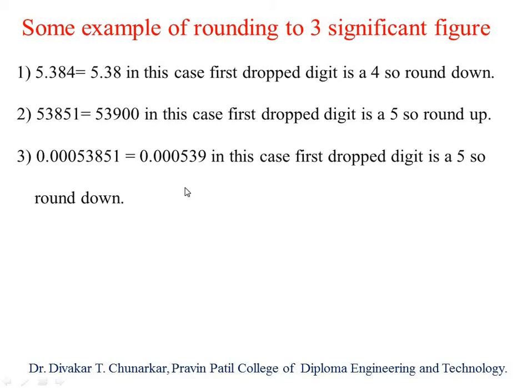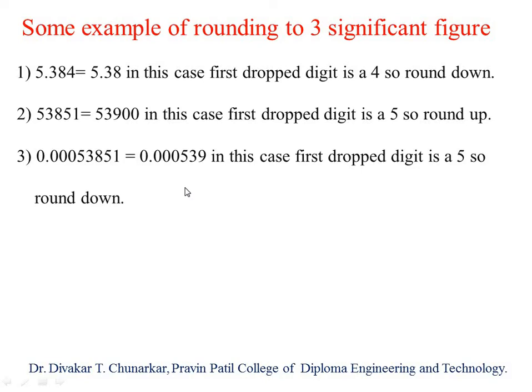So in significant figures and rounding numbers, a numerical question must be asked in your examination, because this topic is very simple and very easy. You have to learn this topic only one time, so you get full marks or 1 to 2 marks.